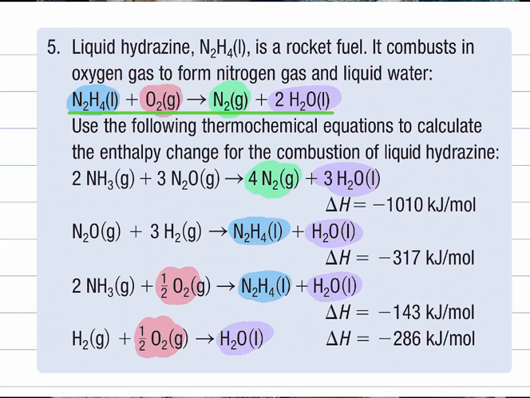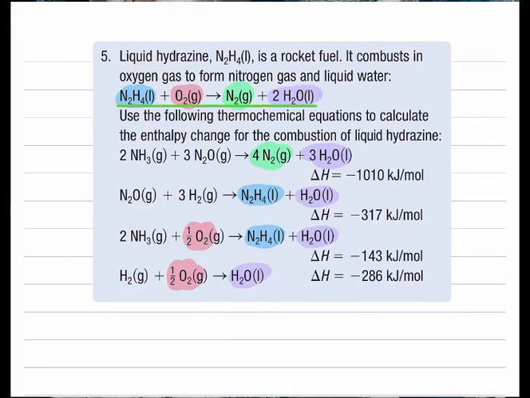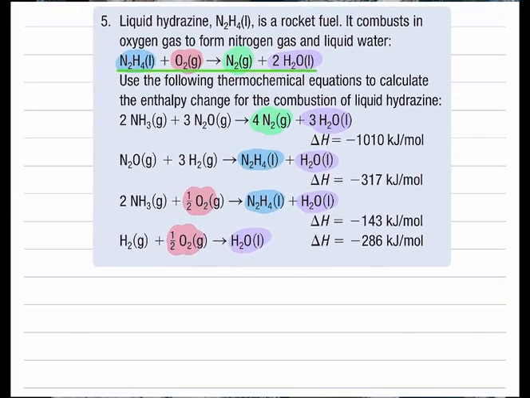So let's start off. We're going to write down that first equation here, and we don't need to multiply it by anything. So we're just going to multiply it by 1. Okay.